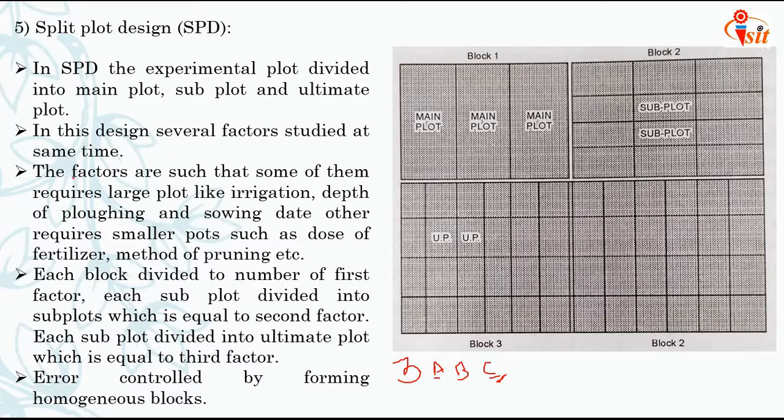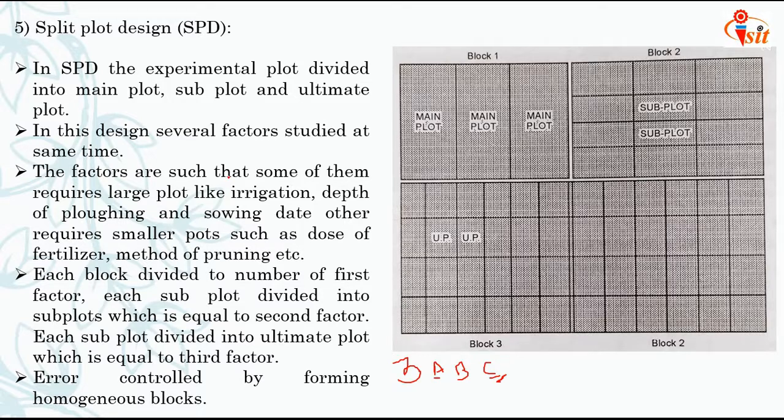Those factors which require a large area are allocated to the main plot first, and then the other factors which require a smaller area are allocated to the smaller plots. Each block is divided according to the number of the first factor.